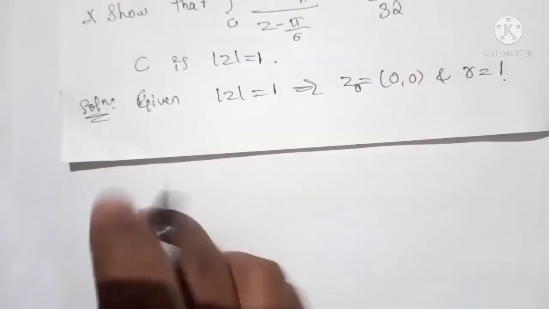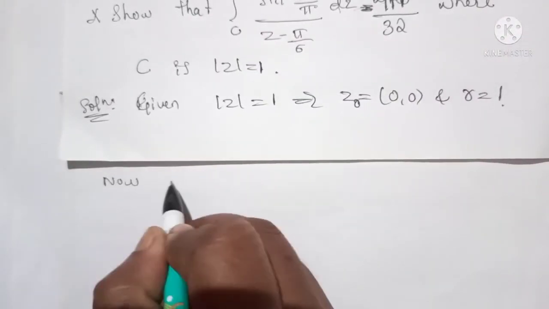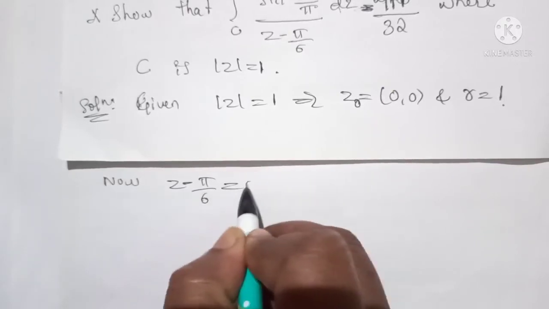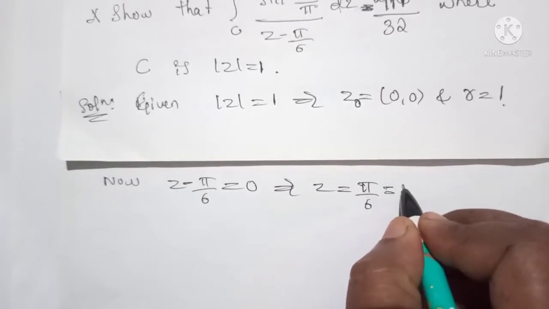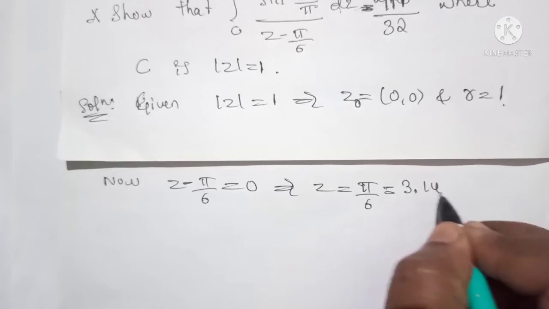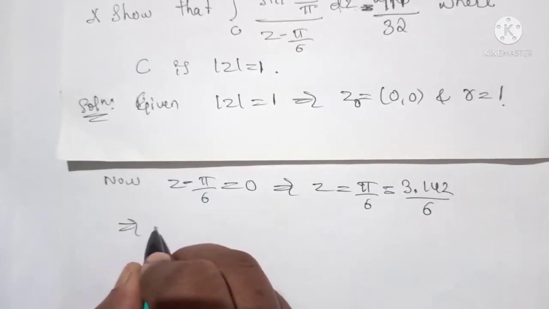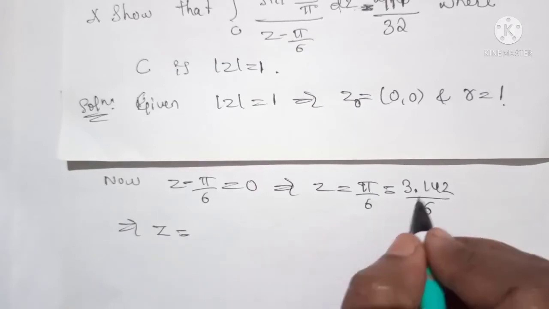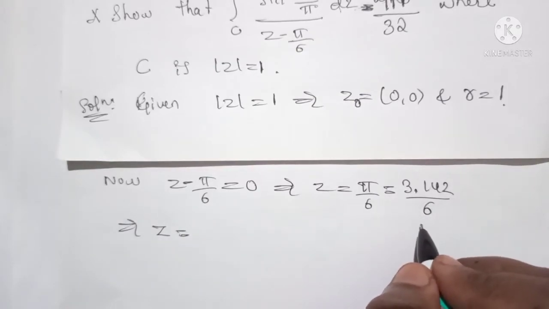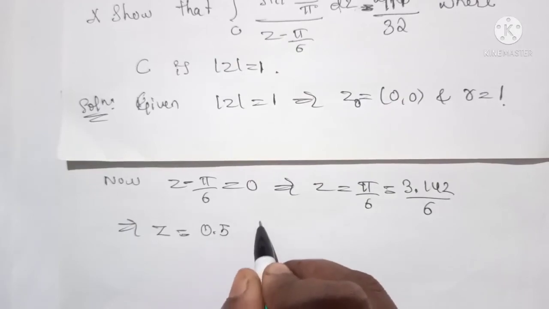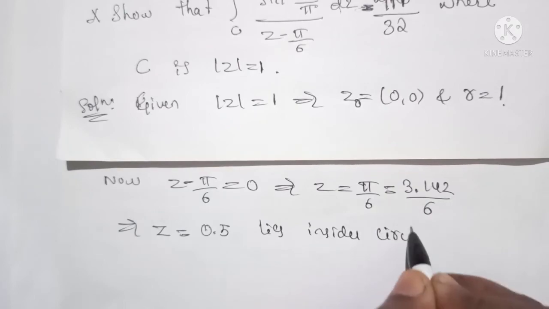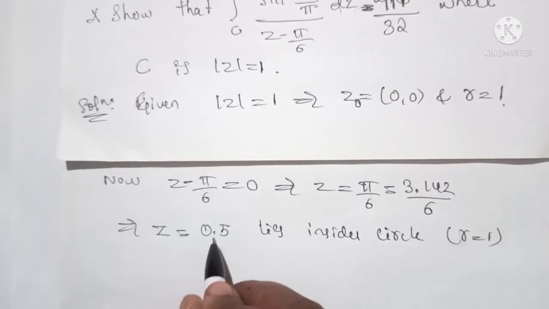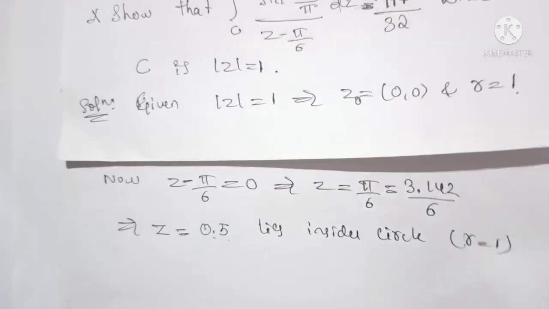Okay, now considering denominator equals to 0, that is equating the denominator, z minus pi by 6 equals to 0. We get z equals to pi by 6, but pi value is 3.142 divided by 6, so on dividing this 3.142 by 6, we get 0.5, which lies inside the circle, because here radius equals to 1, 0.5 is less than 1, therefore it lies inside the circle.